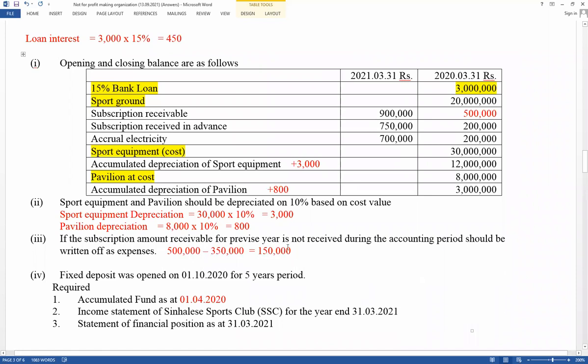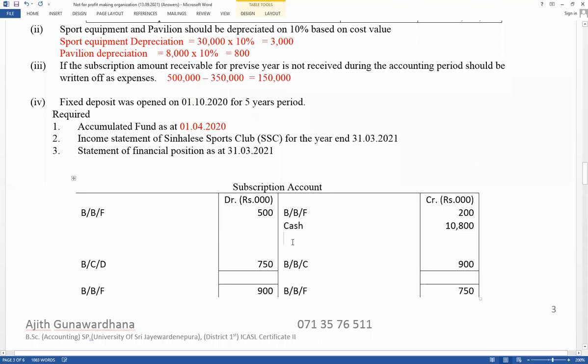It should be considered as an expense also. Now think how it is recorded. The subscription account is credited as written off, value equal to 150, and it should be considered as an expense also.